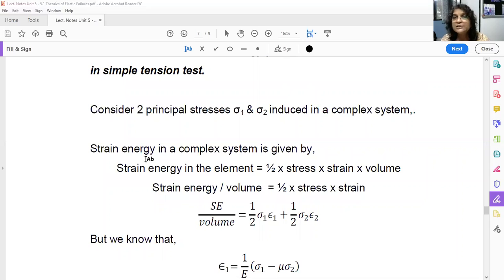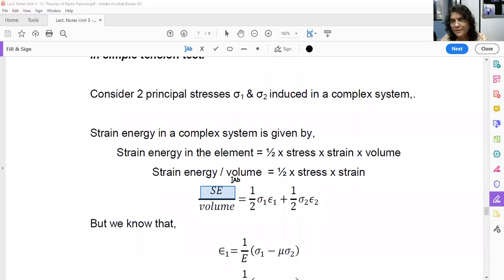You have learned this in unit number 1 or 2, I think: how to find the strain energy in any element. It is given by the simple formula, 1/2 into stress into strain into volume. We want per unit volume, so strain energy per volume is equal to 1/2 into stress into strain.